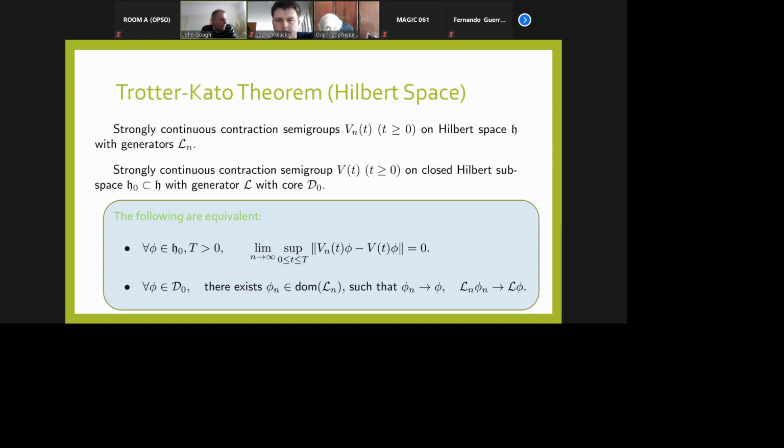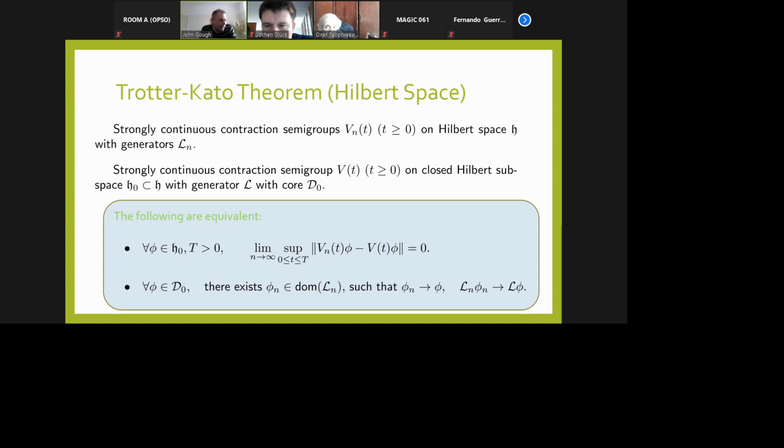So the results are the following. It's basically the equivalence of the following statements. The first is a uniform convergence of the approximating semigroups to the limit semigroup. This turns out to be equivalent to being able to show graph convergence in the following sense.